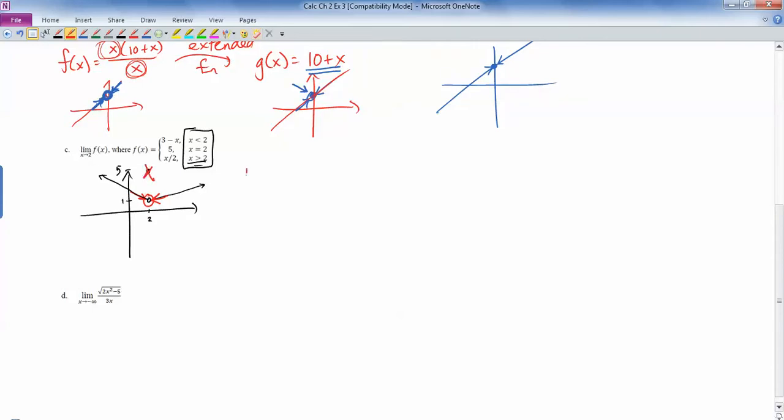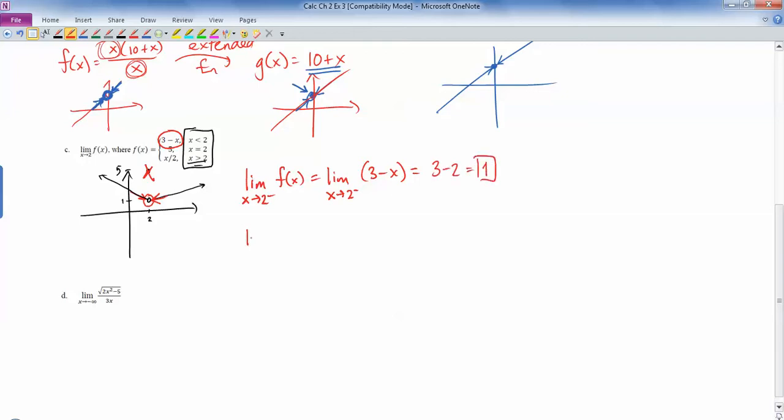So let's look at what happens as x gets close to 2 from the left side. As x gets closer to 2 from the left, we're using that part of the function, so that's going to be 3 minus x. If I plug in the 3 minus x by itself, that's continuous. So if I plug in the 2, then I get 3 minus 2, which is 1.